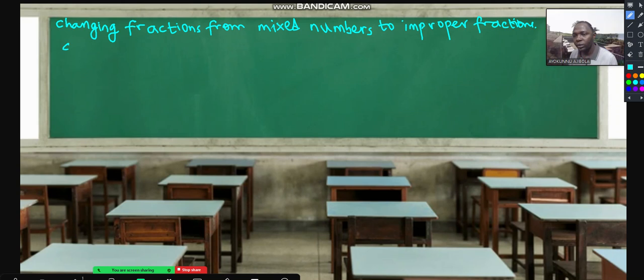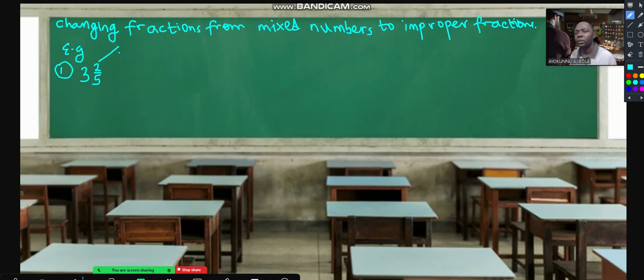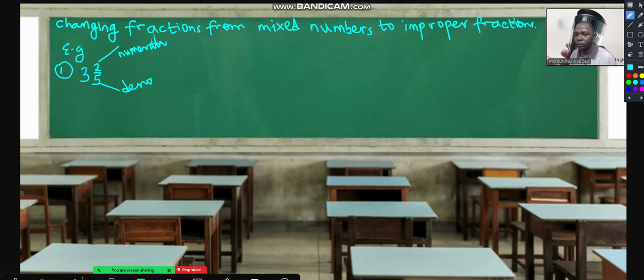Example, maybe you have 3 whole number 2 over 5. What you're going to do, because this is numerator and this is denominator, so you're going to use the denominator to multiply the whole number, which is 5 times 3.